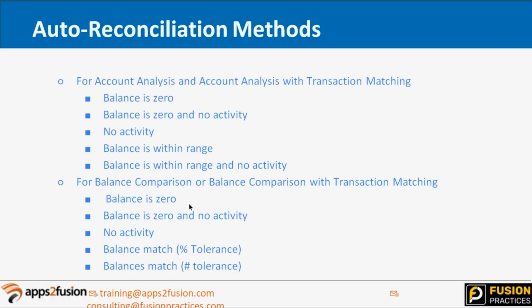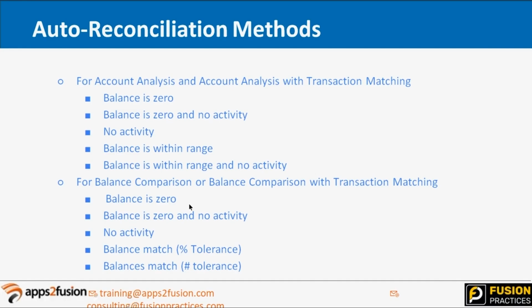When you set balance is 0 and no activity, you can set this auto reconciliation method only if the source system balance is 0 and the source system balance is the same as the prior reconciliation source system balance.